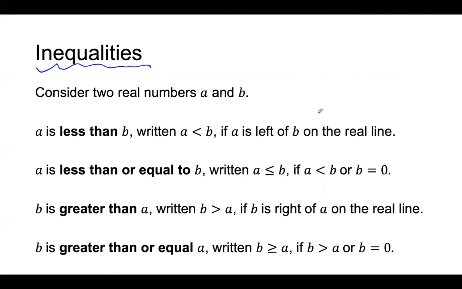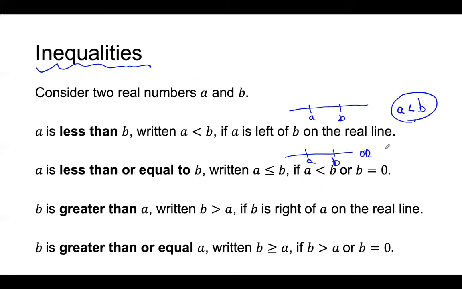I'll draw it to the side. So if we have A is less than B, this means that A is basically less than B. Now, for the second part, if A is less than or equal to B, it means kind of the same thing, almost. So A is less than B or equal to.